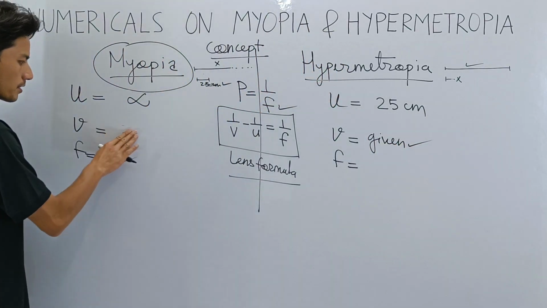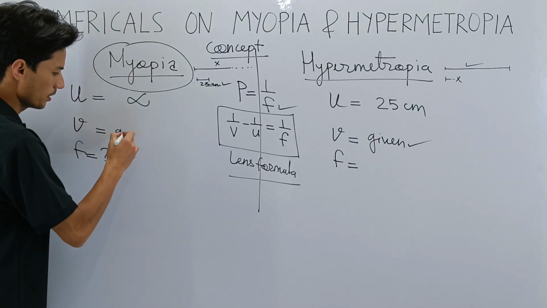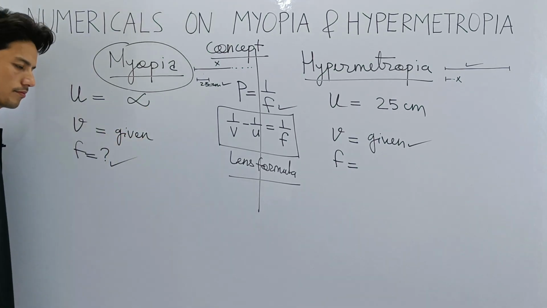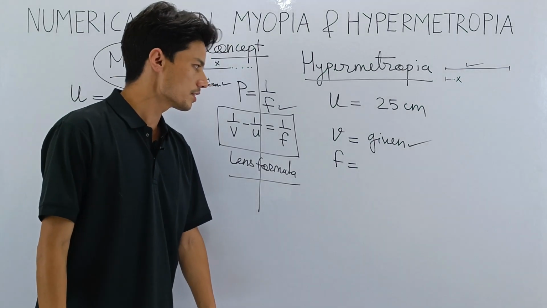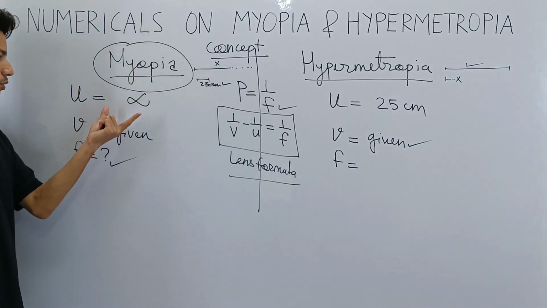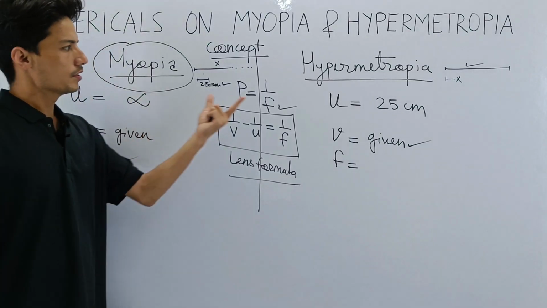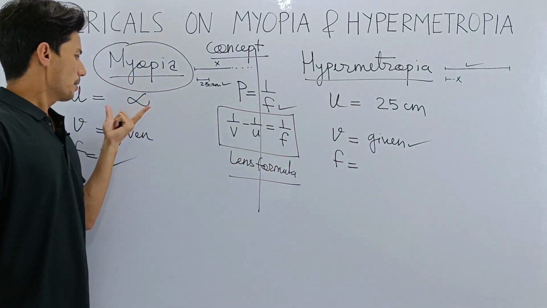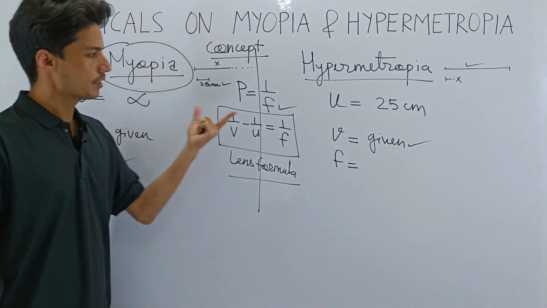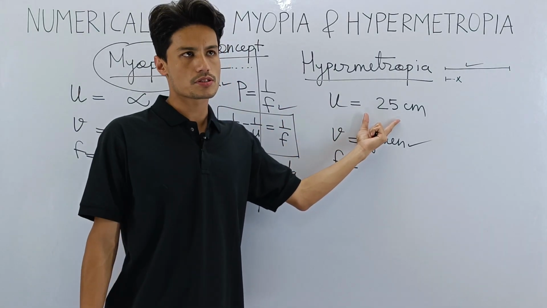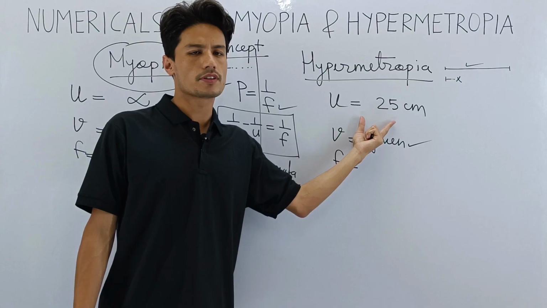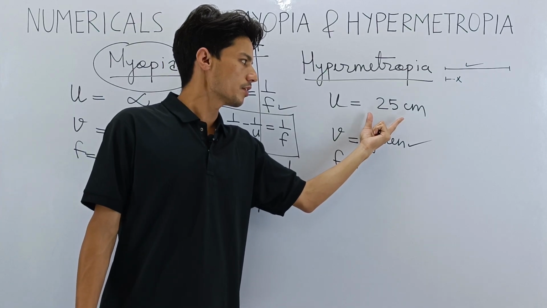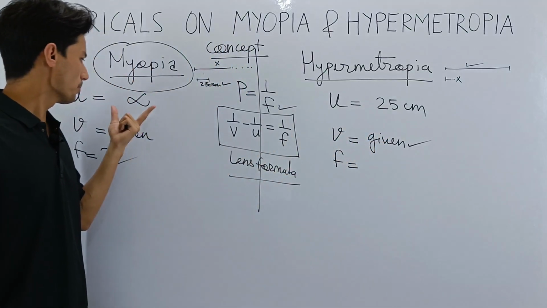Here also same, it will be given in the question. So that's it. How easy is it? All you have to do is sort out your U. This may not be provided to you in the question. I don't think it's provided in the questions given in the textbook also. So we have to manage this.